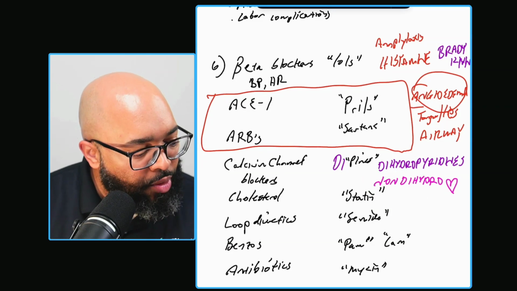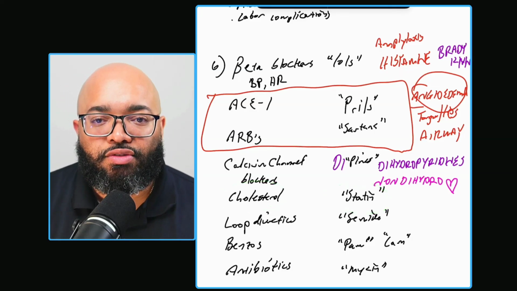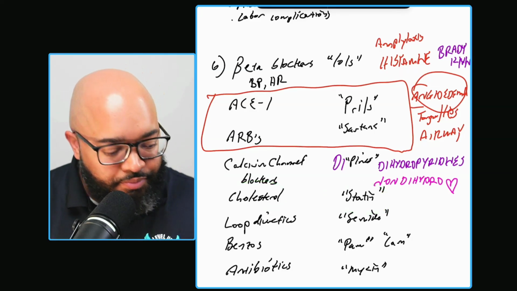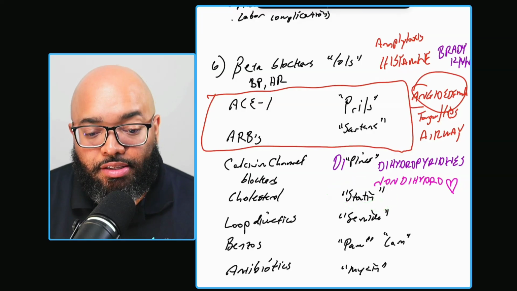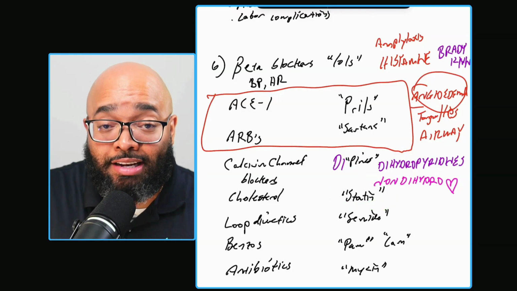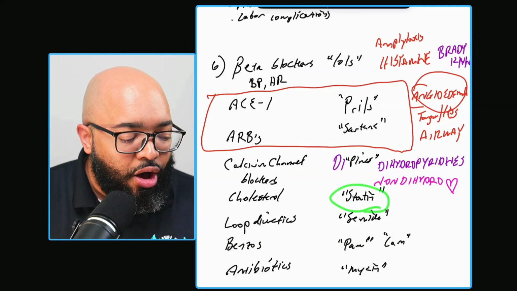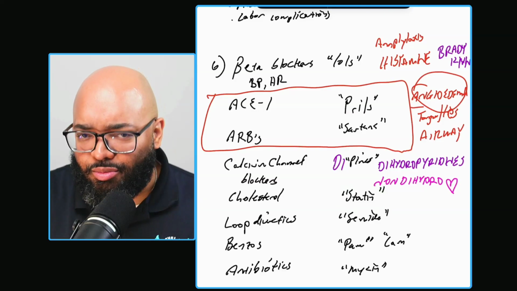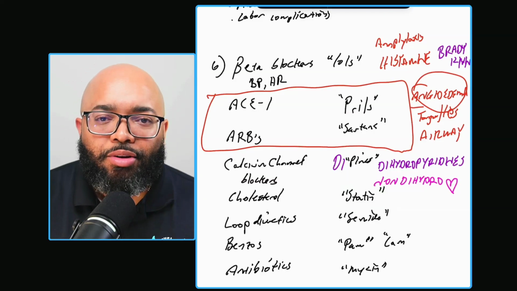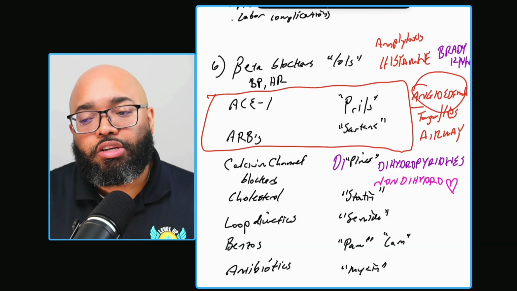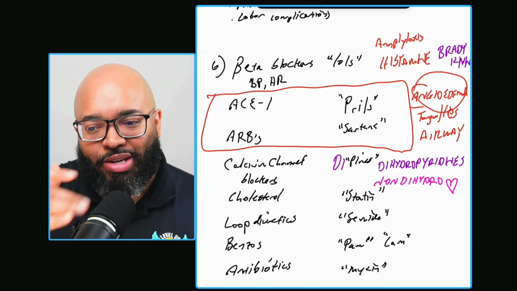You want to know things like your statins. These are cholesterol-lowering medications for the condition hyperlipidemia. When your cholesterol is high, doctors like to put you on statins. However, they're not necessarily always safe because they can cause all kinds of problems. They can totally destroy your muscles and lead to things like rhabdo. So don't be so quick to take a statin just because your doctor wants to put you on one.